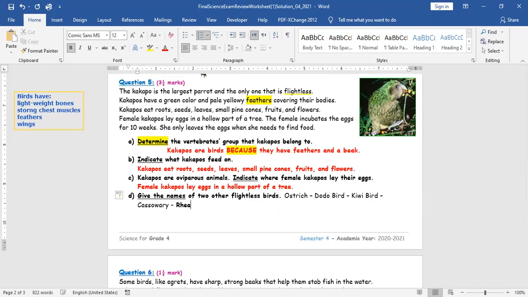Rhea, elephant birds. It's enough to write 2 examples of flightless birds. I asked you to write 2 flightless birds.